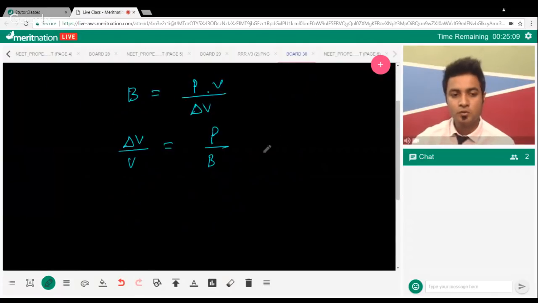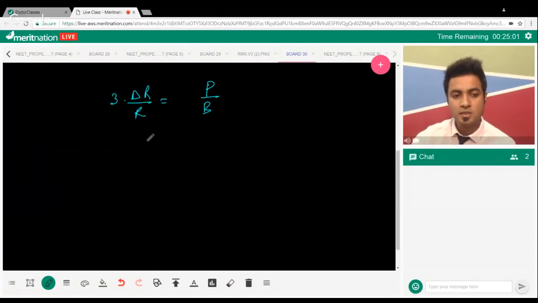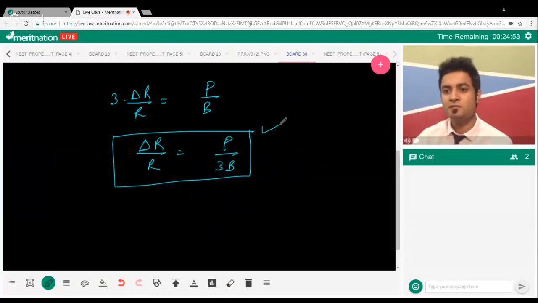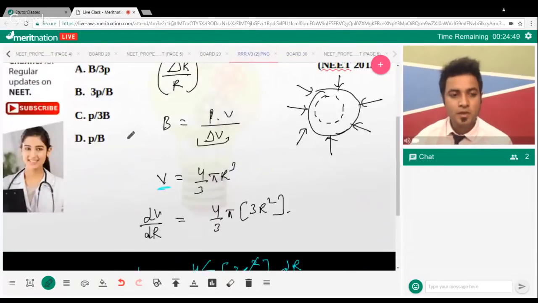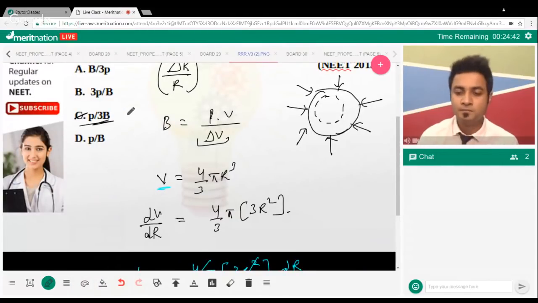So 3 delta r upon r is equal to p upon B. And here you can see that delta r upon r is coming out to be p upon 3B. So this is the fractional change in the radius. Here you can pick up the right option according to the options given. This one is the right one.